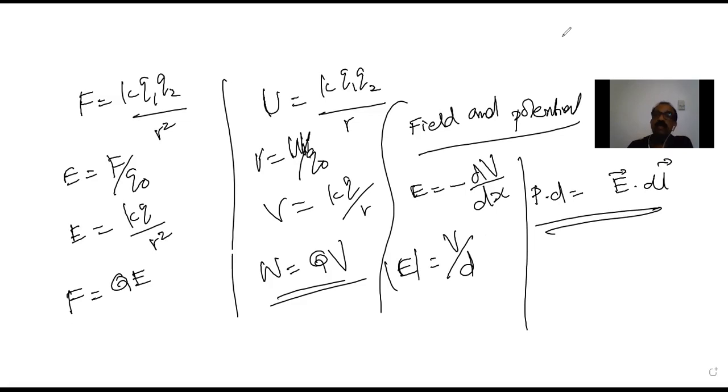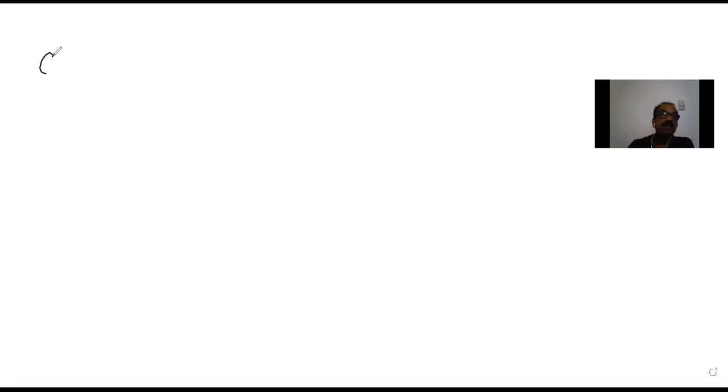The next, let me clear the screen. The next what we have is about capacitors. The capacitors I mentioned at the beginning. I'm just mentioning only the basic equations which are useful for numerical problems and application level questions.